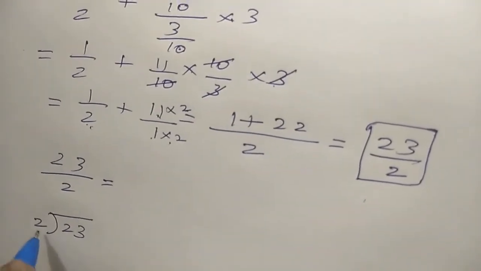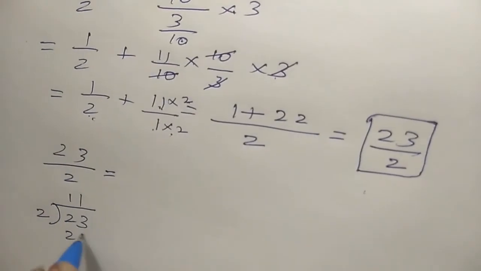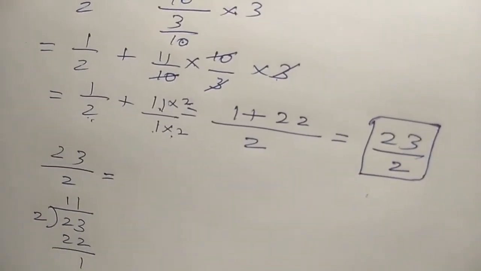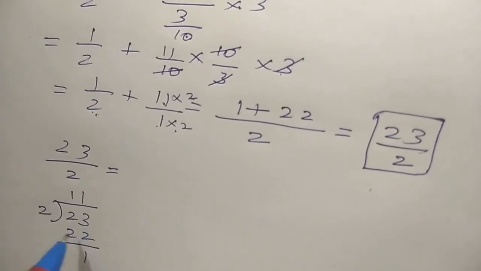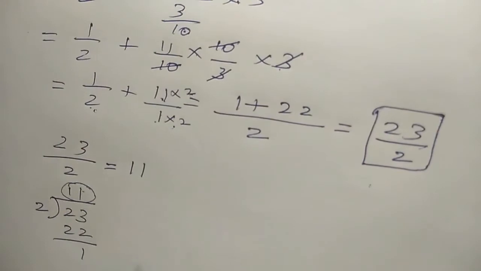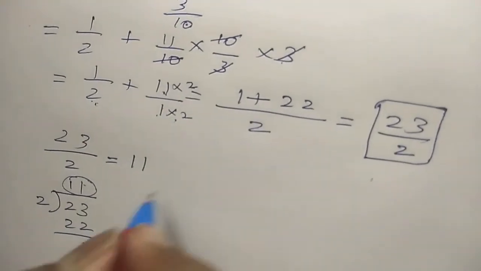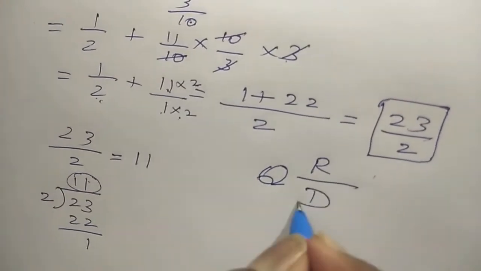So 2 11s are 22. The remainder is 1. To write a fraction as a mixed fraction, the rule is quotient, remainder by divisor.